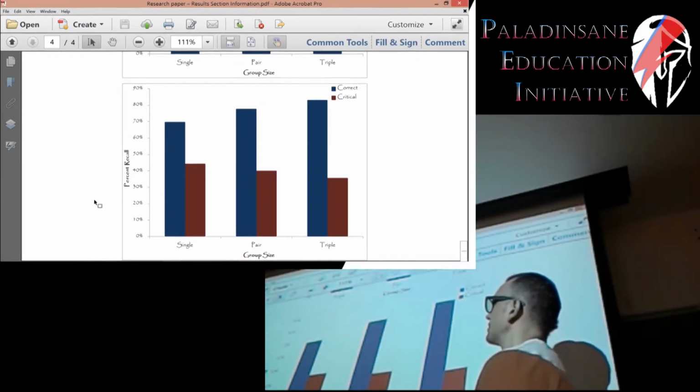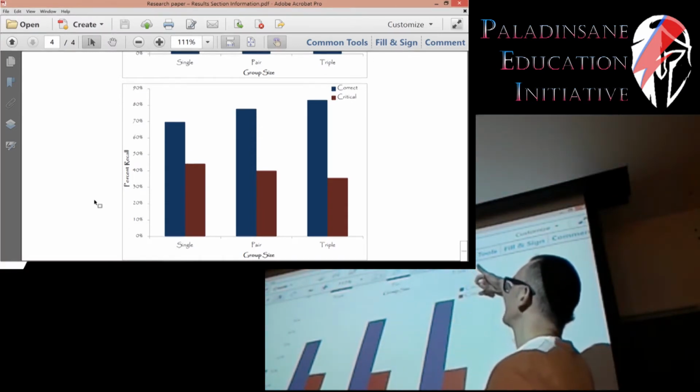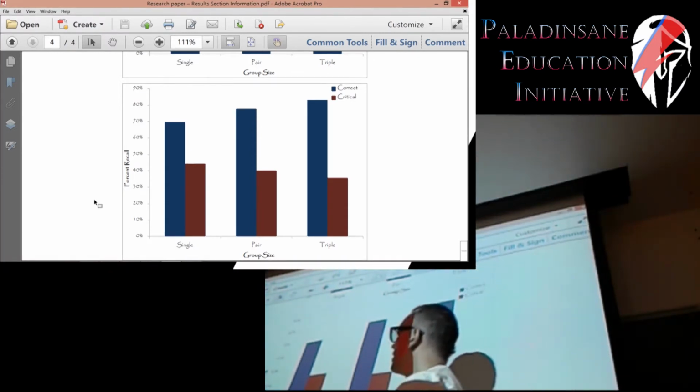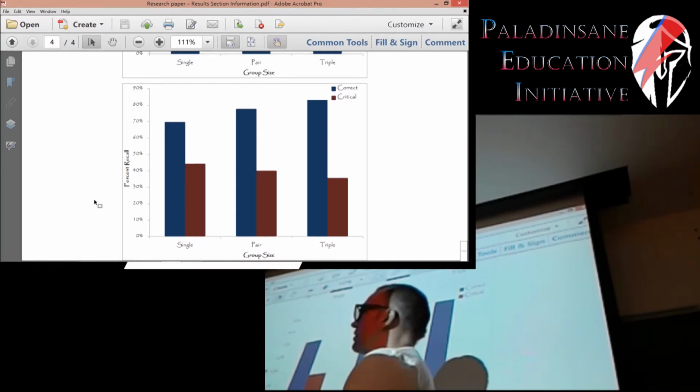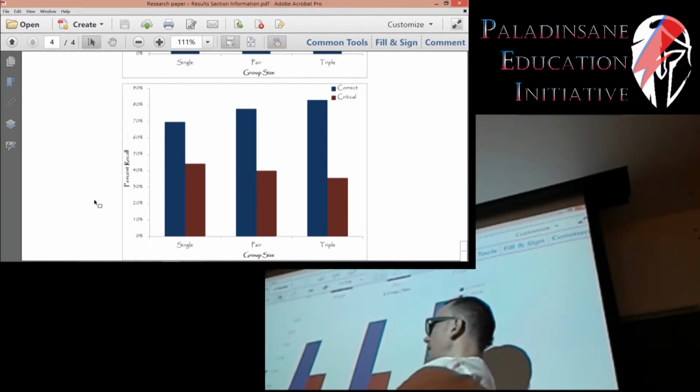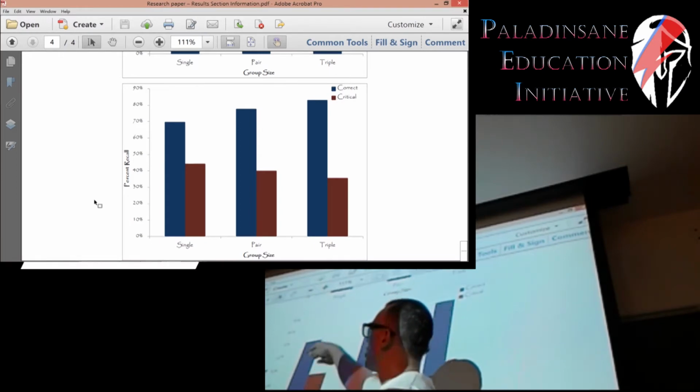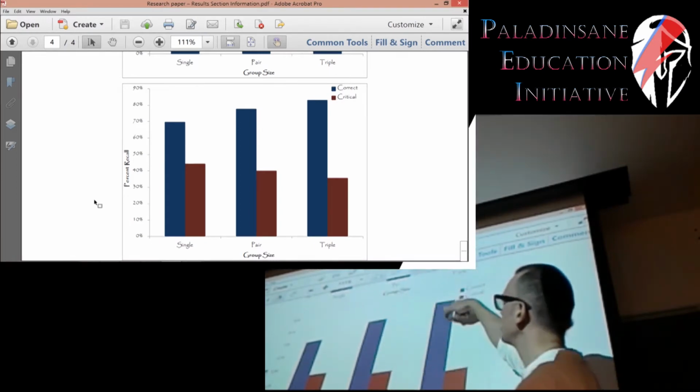So when we say things like, correct items were higher than critical, the reader can take a look at this picture and say, you know what, I don't really understand. What do you guys mean? This English reading is kind of difficult for me. And they can take a look at this and say, oh, in every single case, correct items were recalled.